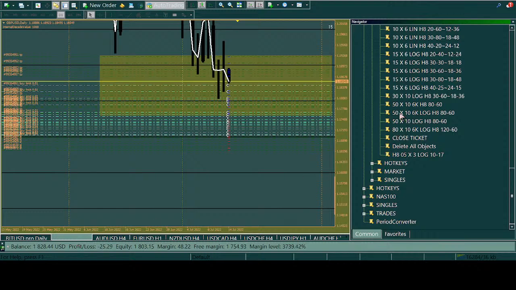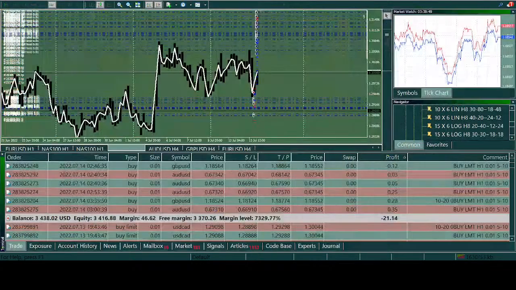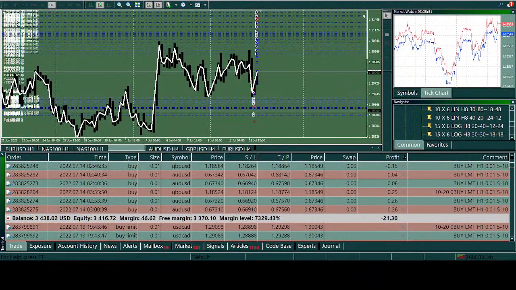British pound. Okay, this guy's at 1800. Using the lightest one we have. Okay, most tickets I have is on Hugo. So here's Hugo.